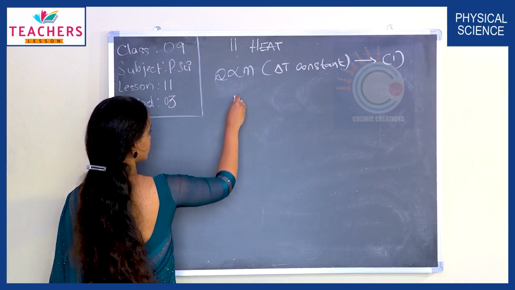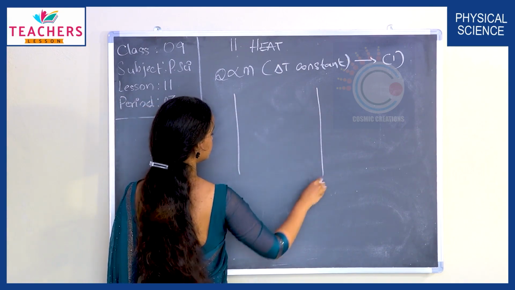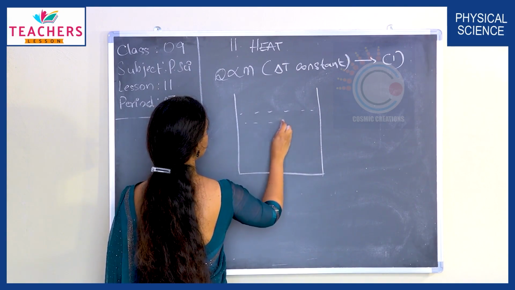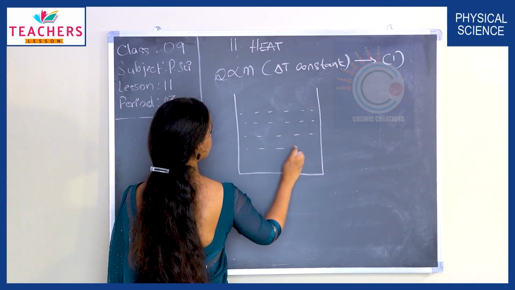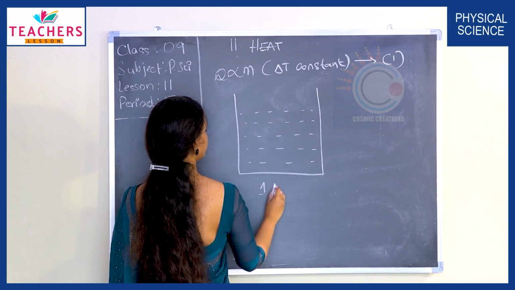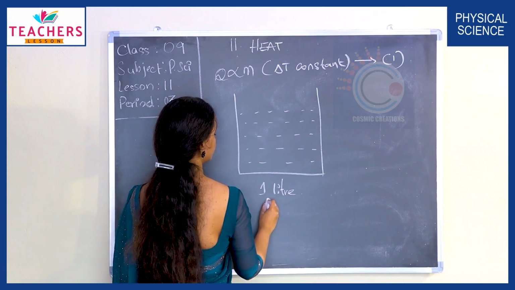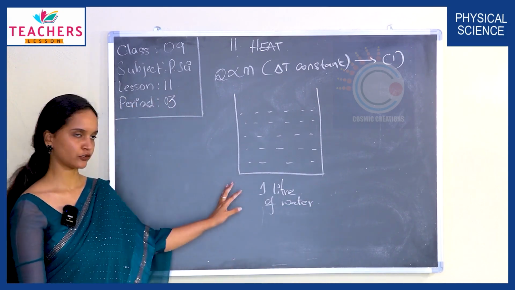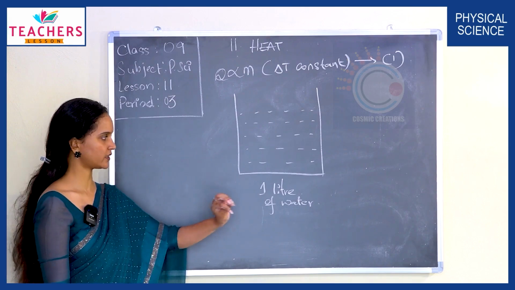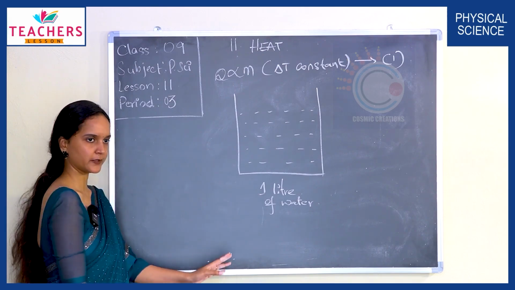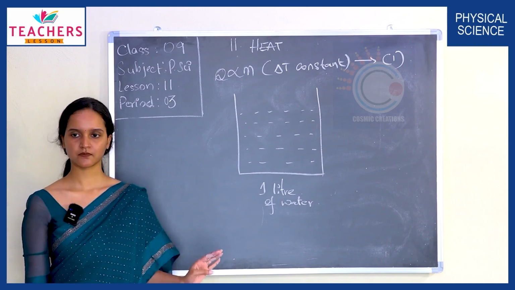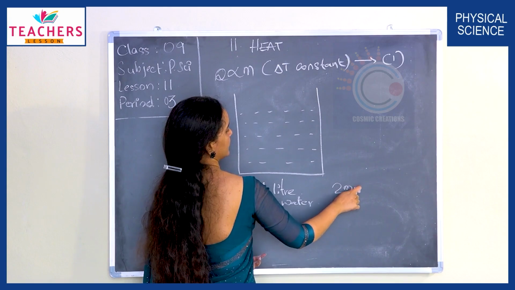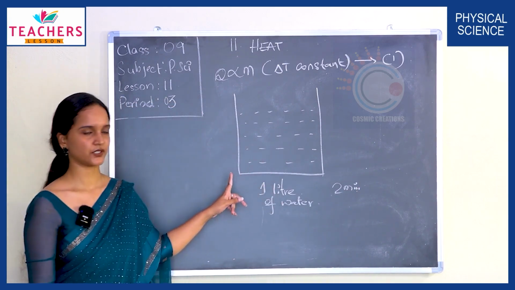Now, I'll take a beaker with 1 liter of water, a fixed, constant amount of water, so mass is fixed here, right? And I'll start heating this. For every 2 minutes, I will record the temperature.